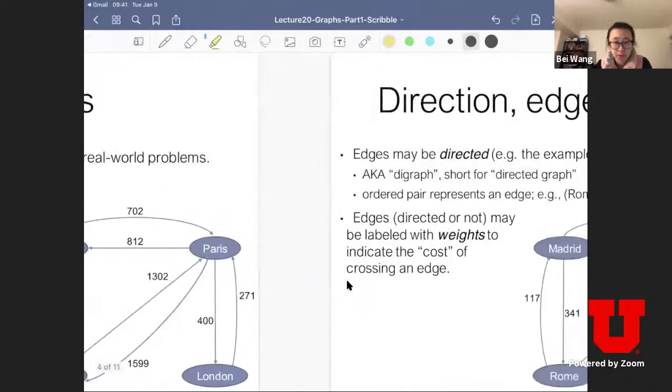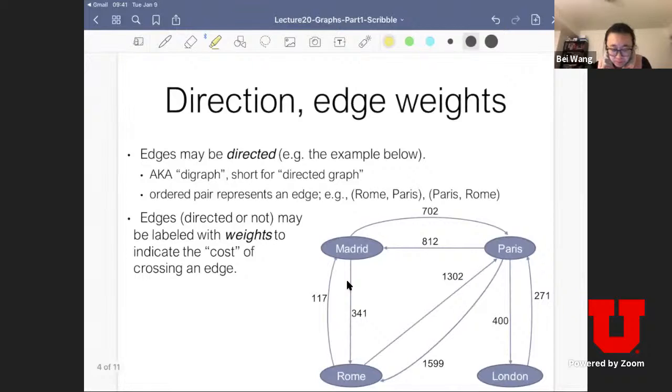The next thing is that when you look at this graph, the edges can be directed, as in the example below. For example, we can look at the distance going from Madrid to Paris versus from Paris back to Madrid. They have different distances. Let's say this is the driving distance or flying distance.